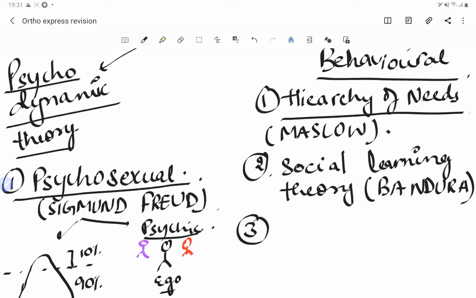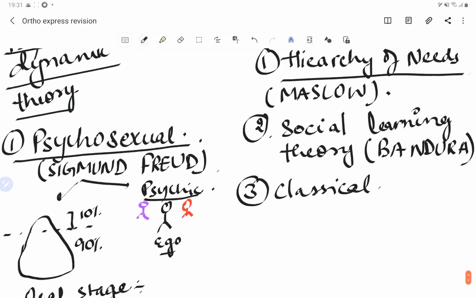The third one we have is the classical conditioning theory. Classical conditioning theory has a classical example, if you remember the dog and bell experiment. The classical conditioning theory was given by Ivan Pavlov.